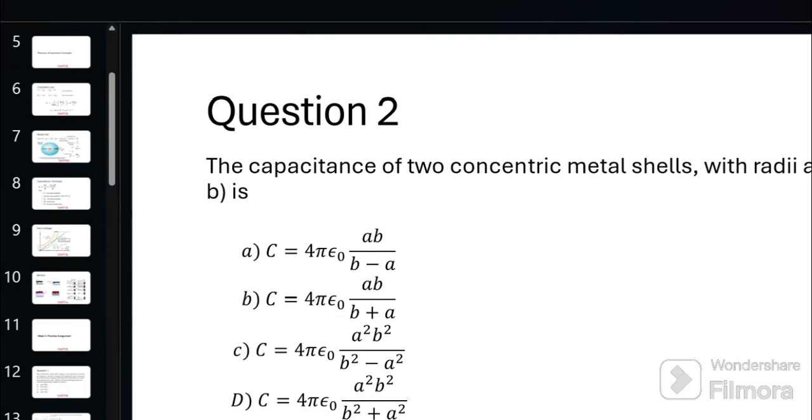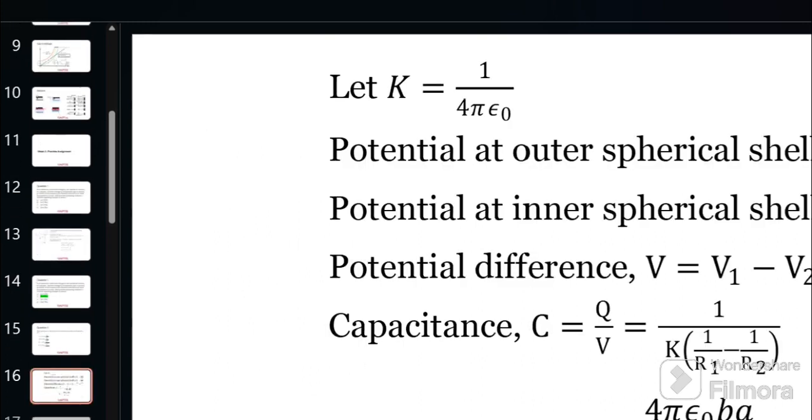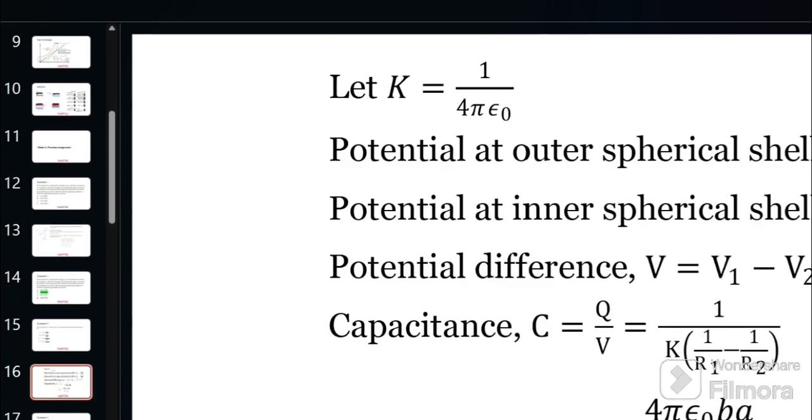We have two concentric metal shells with radii A and B, where A is smaller than B. Then what will the capacitance be? I'll just show you the derivation. Here we know what K is.